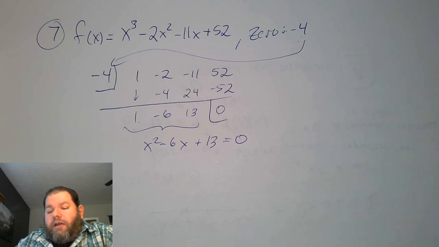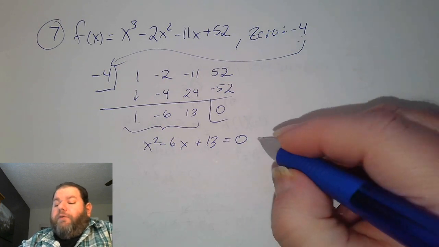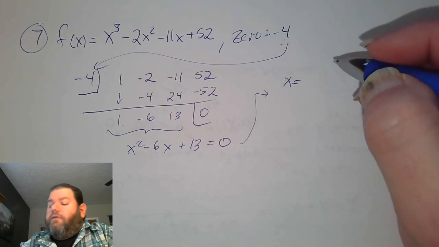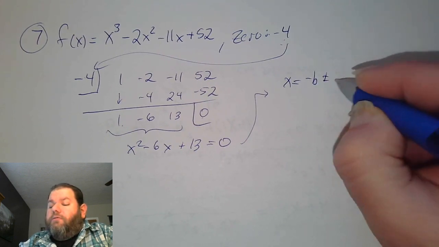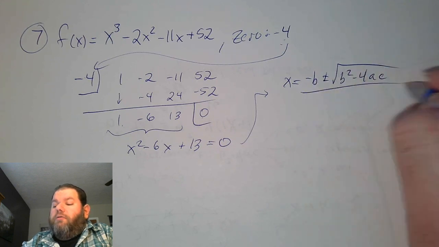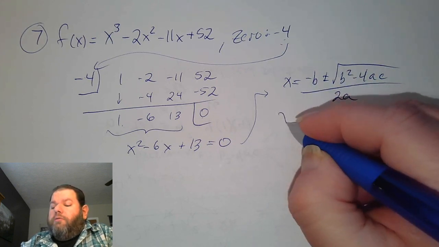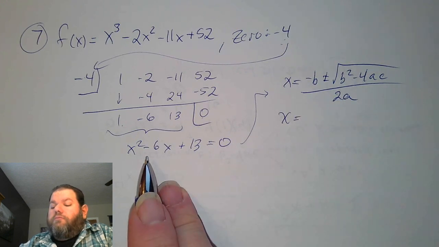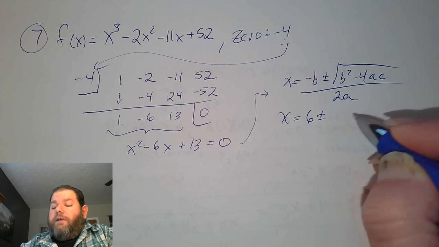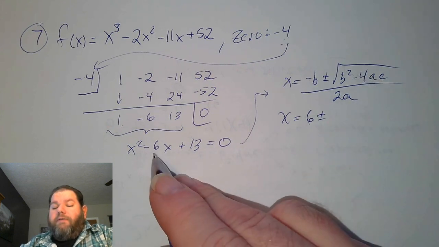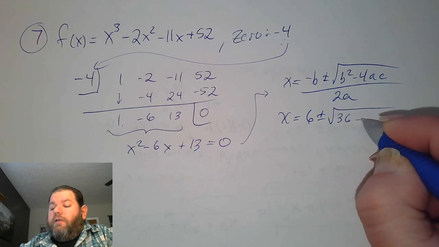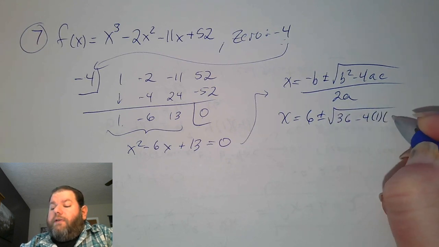But if we put that into the quadratic formula, b is -6, so negative b turns into a positive 6. B squared would be -6 squared, which is positive 36. A is 1, C is 13.